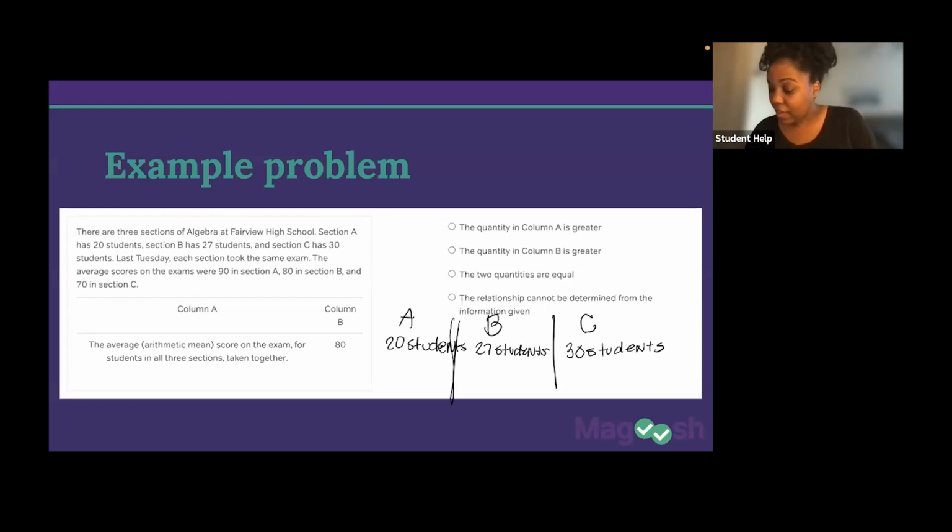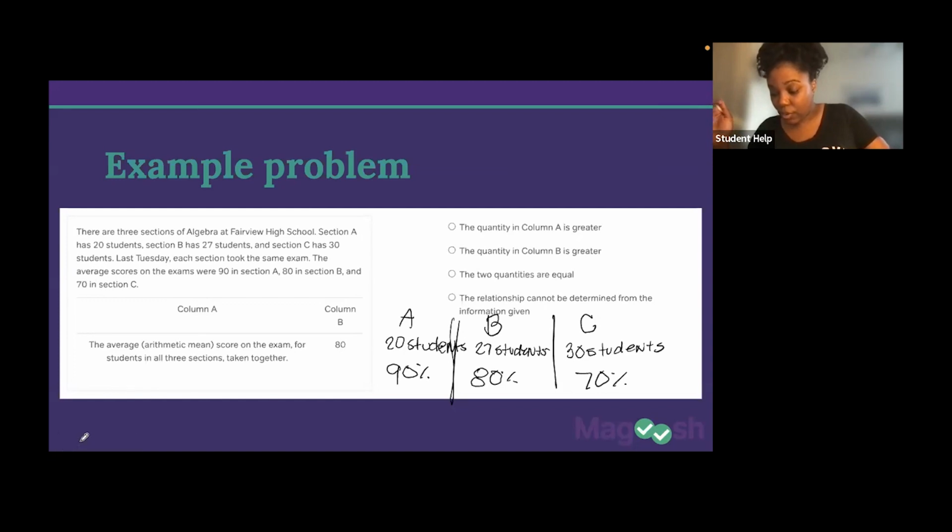Their average scores on exams are 90%, I'm going to put percent so that it's easier to decipher, 80% for our section B students and 70% for our section C students.